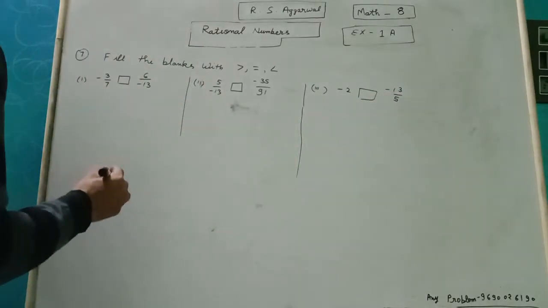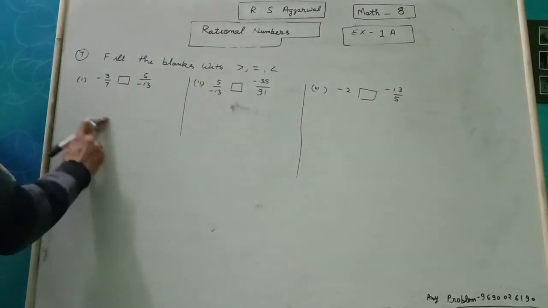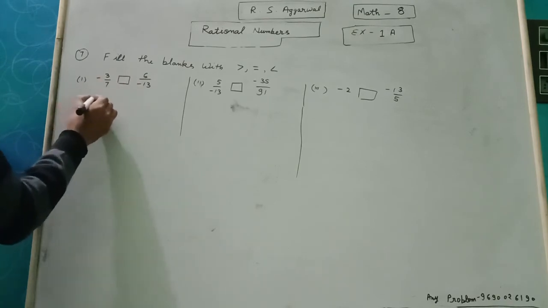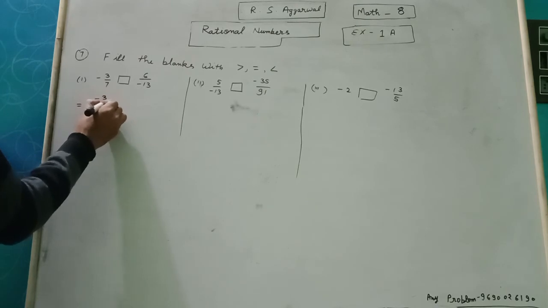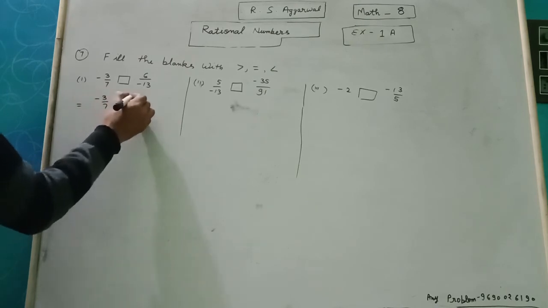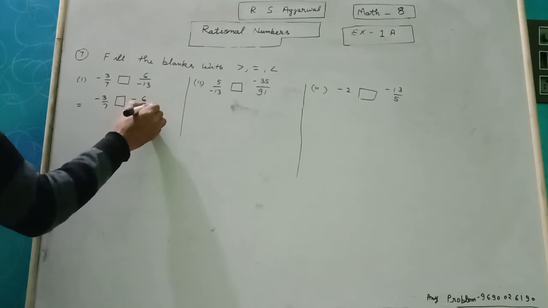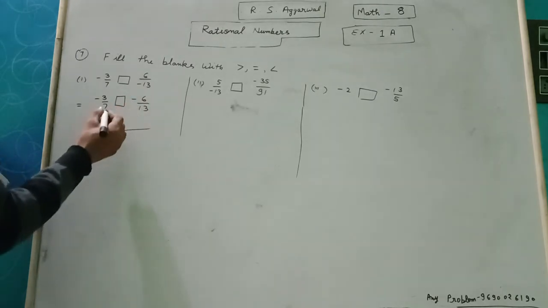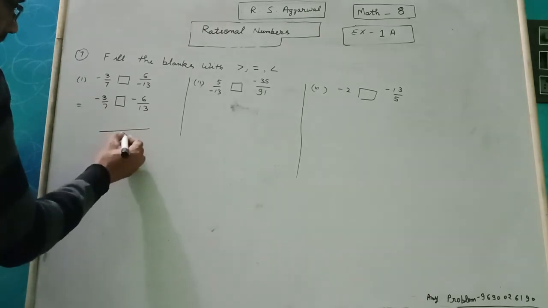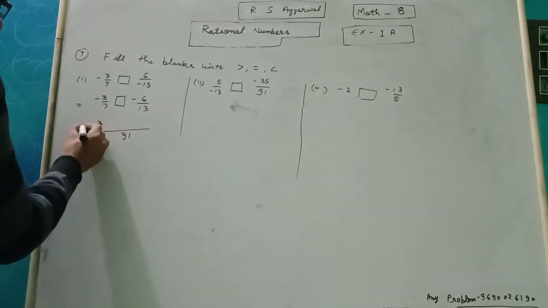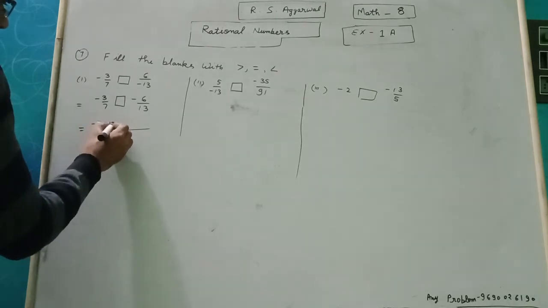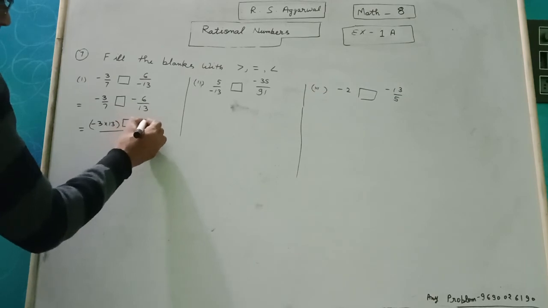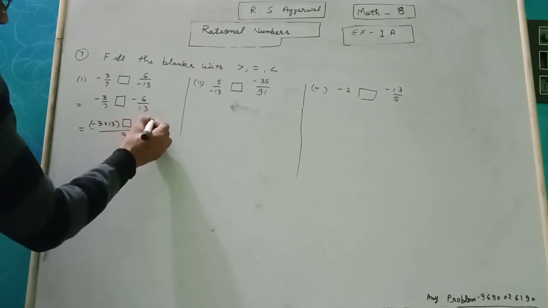Solve the first part. Denominator has a minus sign, equal minus 3/7, box minus 6/13. After LCM, 13 and 7 is 91. Minus 3 into 13, box, minus 6 into 7.